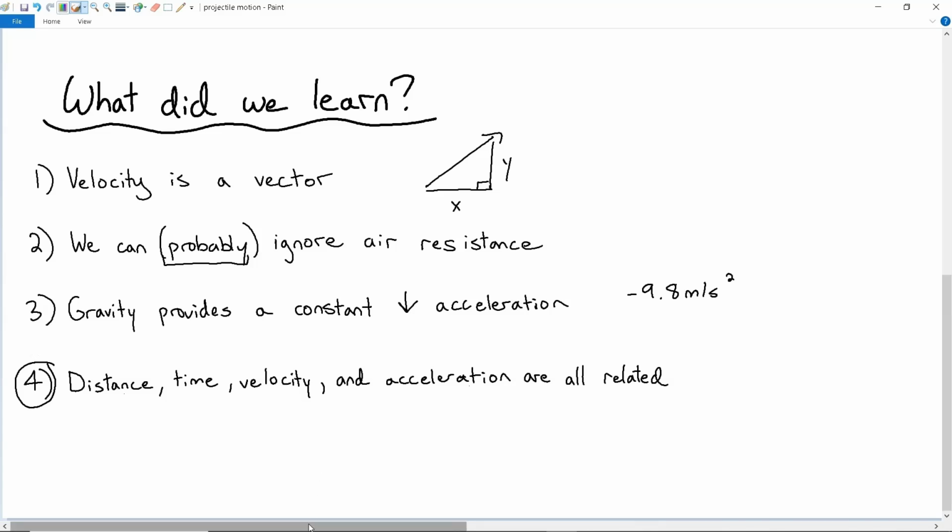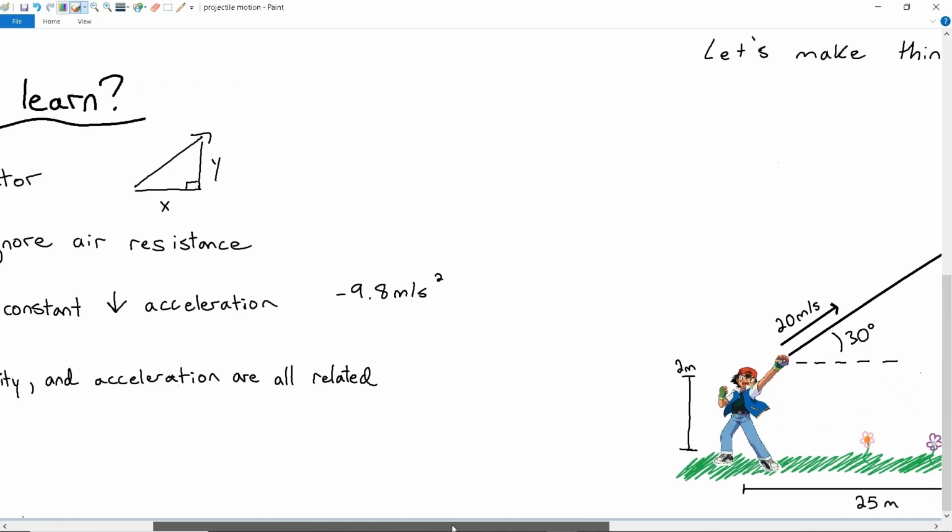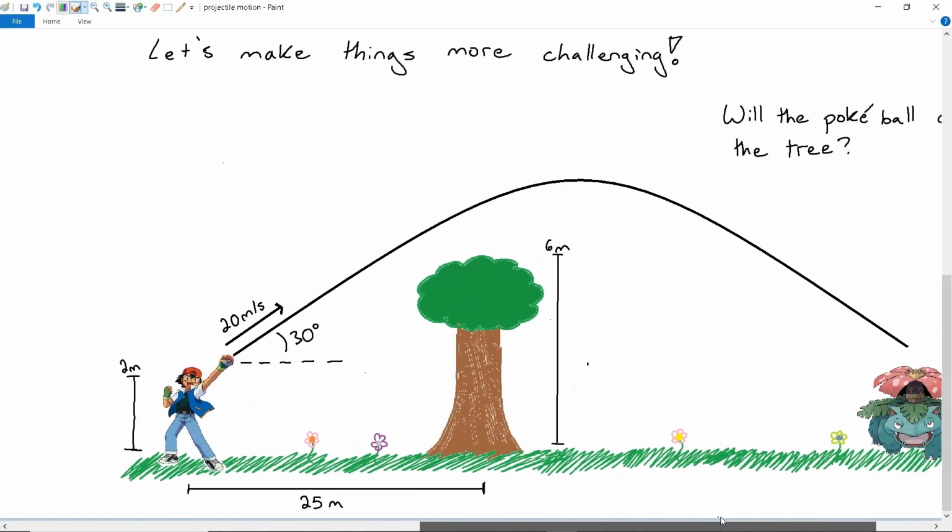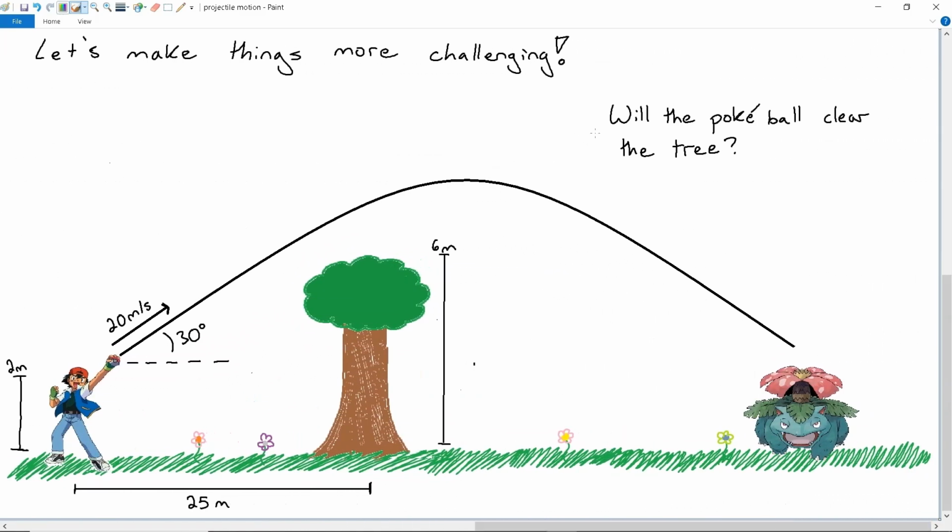Okay, let's try one more scenario where we're solving for something different. And now we are entering the world of Pokemon, because that was definitely one of my favorite cartoons growing up. Here we have Ash, the main character, throwing a Pokeball over a tree, trying to capture a Venusaur.